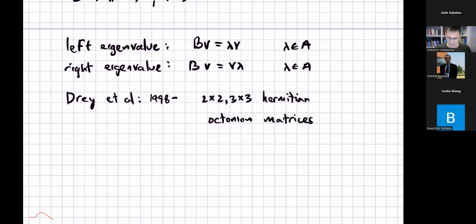They first classified the real eigenvalues, and then they generalized it, but I'm not even sure that for the 3 by 3, the general eigenvalue problem has been solved completely.